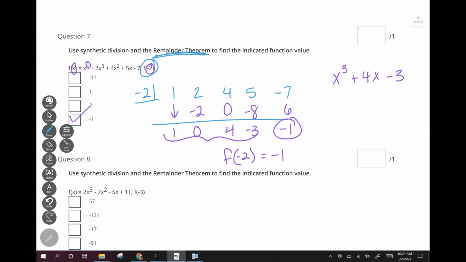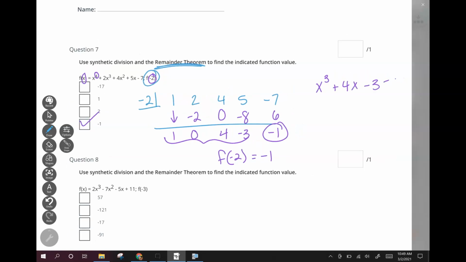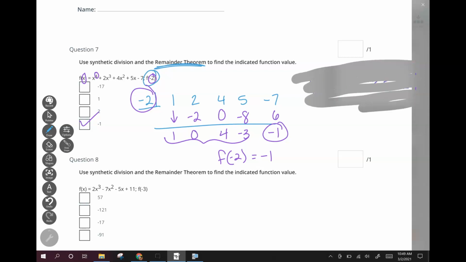And then for your remainder, still writing that over your divisor. In this case, we were dividing by x plus 2. Right, put that back into the factored form, which would be x plus 2. So this would be the quotient if that's what they were asking for, like on the previous few problems. Okay, but we don't need it here actually.